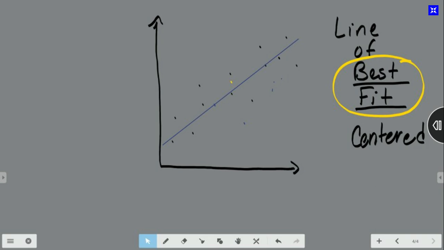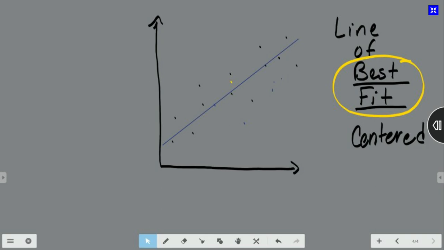I've seen people draw a line of best fit. Would you consider that centered? I mean, look at all of these up here and down here. It's not even close. Do you all understand what I'm talking about when I say center?